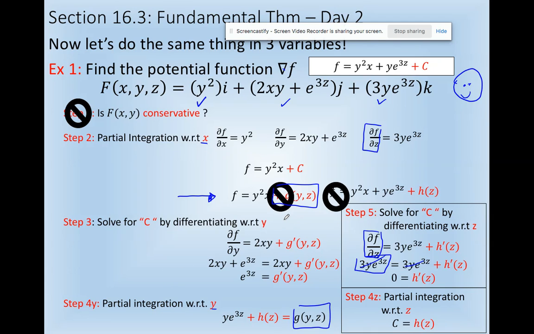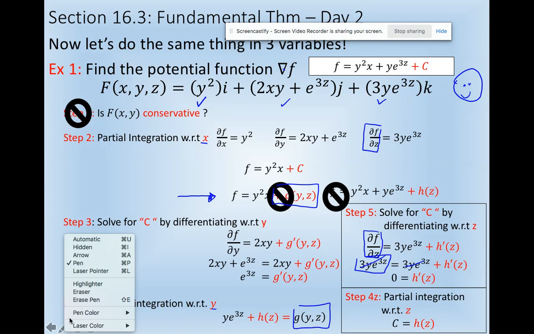Now remember the whole reason we were doing this, though. Why do we want to do this? Why do we care about going through this whole process? Because remember, you're going to be asked to find a line integral.